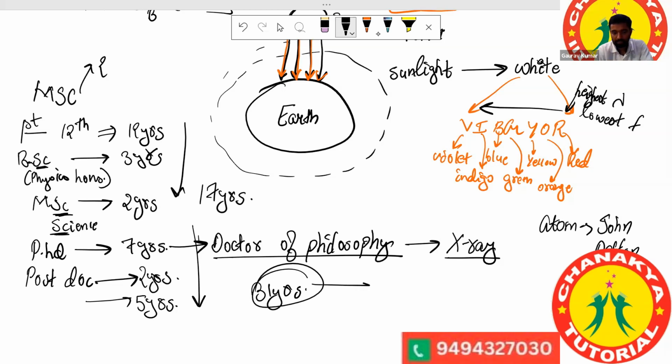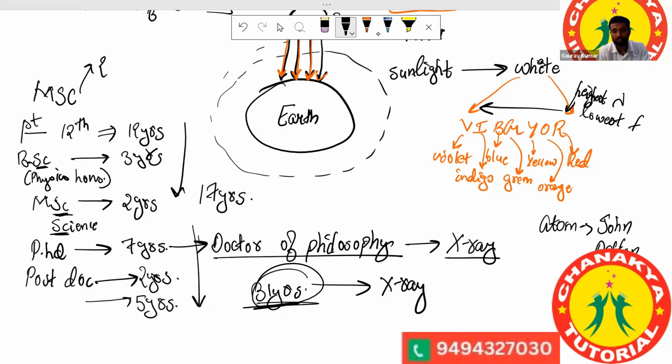So if I say this person did his postdoc also in X-ray, this person did 31 years of studying just to know about X-ray, plus some basic stuff up to bachelor's of science. Until bachelor's of science, everyone learns about maths, chemistry, physics. But after and during MSc, he studied only physics and only X-ray.